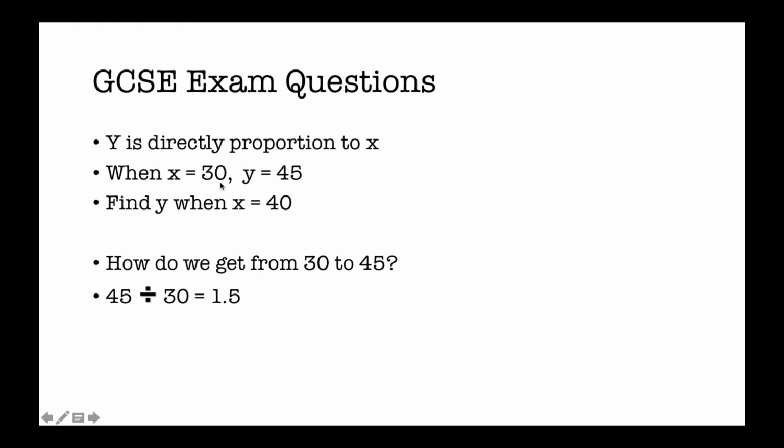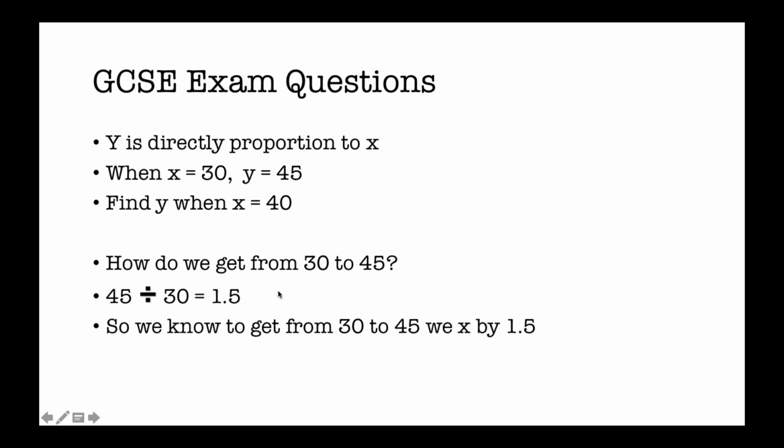I also know that x is smaller than y, and it says to find y when x is 40. If I'm trying to find y and x is smaller than y, it's always going to be smaller in this case because it's a direct proportion question. They're all going to increase with the same value or multiplier. So if I know that x is 40 and we times by 1.5 to get to our next value, I'm going to do 40 times 1.5, which is 60. So y equals 60.